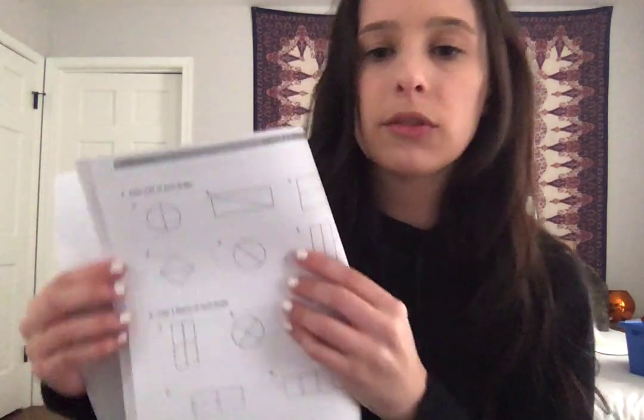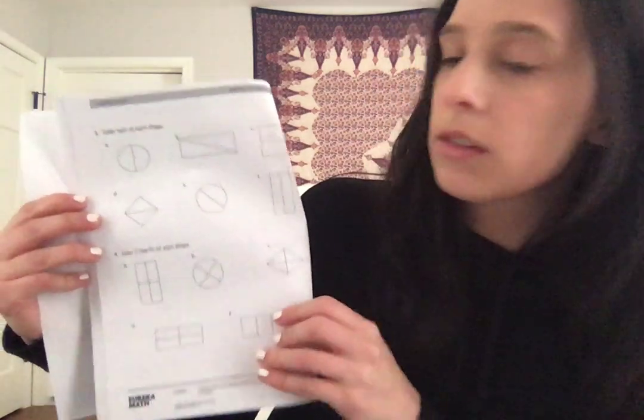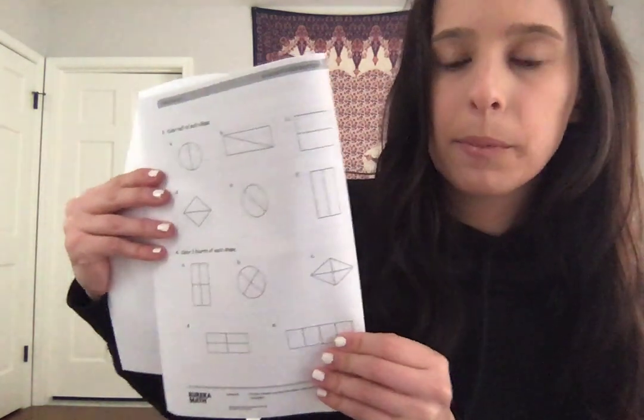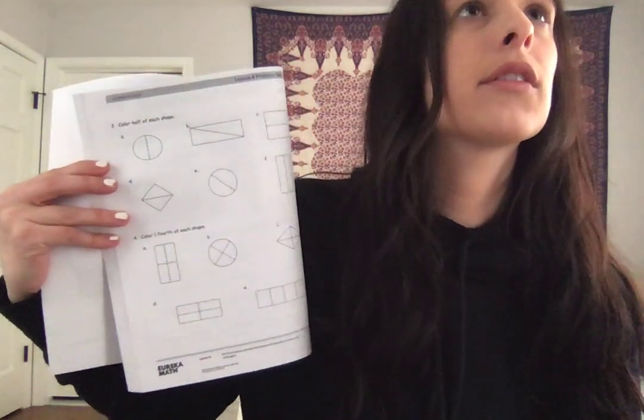On the second page of your problem set, it looks like this. Sorry, it's a little messy. You're going to color half of each shape. Only half. So let me see, I have a pen up here. If I'm only coloring half, that means I'm only coloring 1 out of the 2 equal parts.